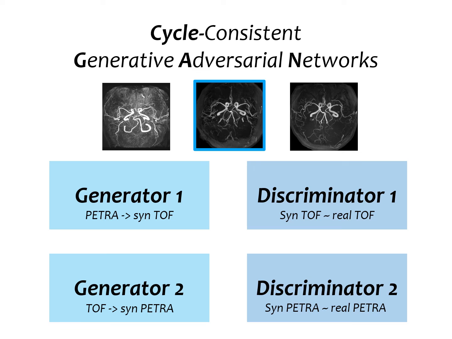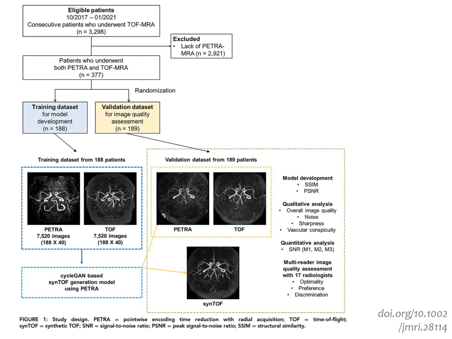Under this background, we tried to generate the synthetic TOF which has higher overall image quality than that of PETRA. We started the study with 377 patients who underwent both PETRA and TOF-MRA simultaneously. The data from 188 patients were used for model development, and that from the 189 patients was used for the image quality validation.